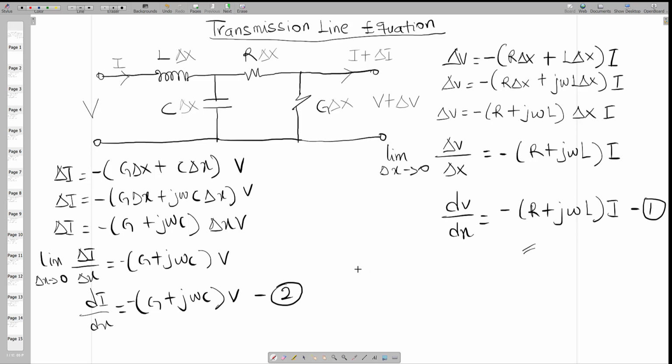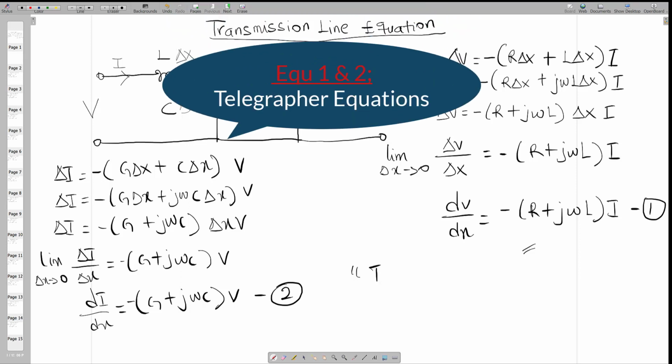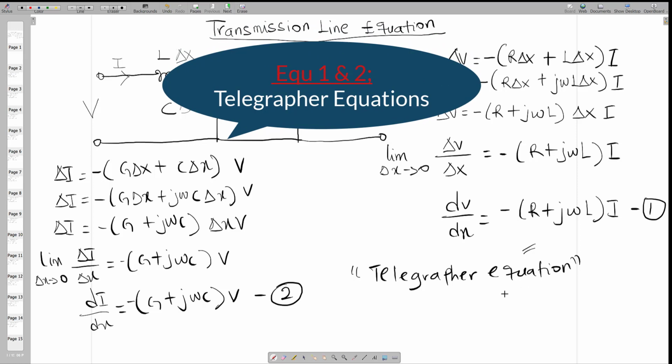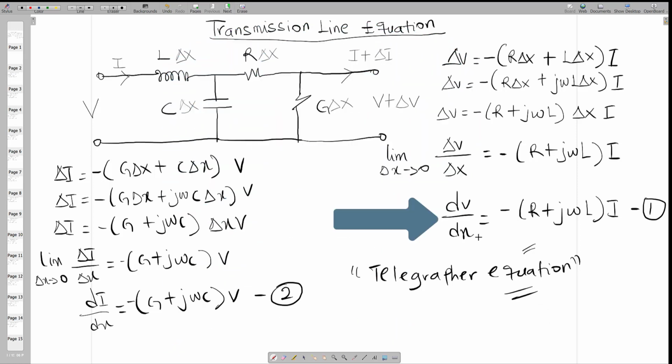These equations are what we call the telegrapher equations. So if you are asked anywhere to state the telegrapher equations, that is equation 1 and equation 2.